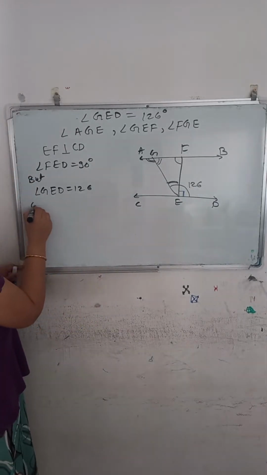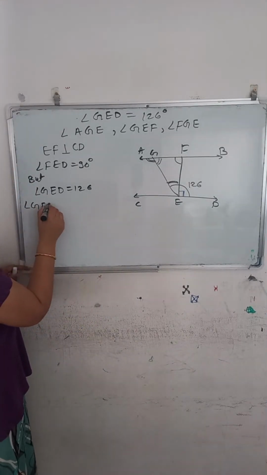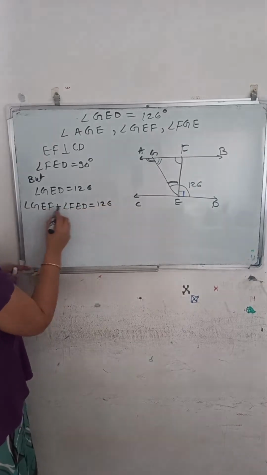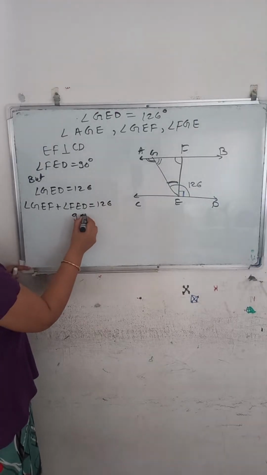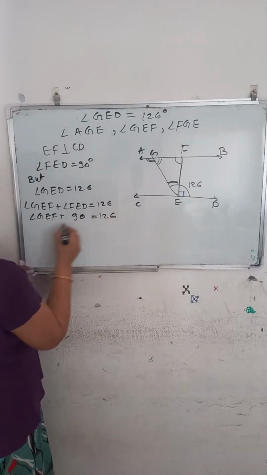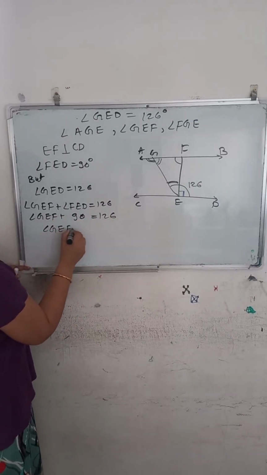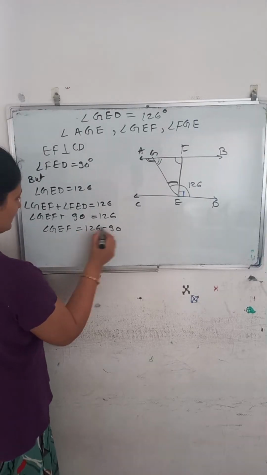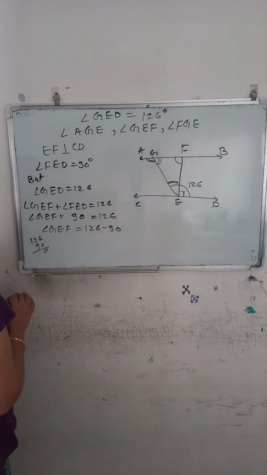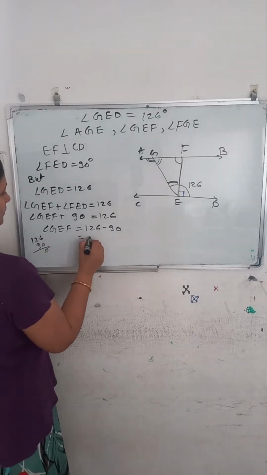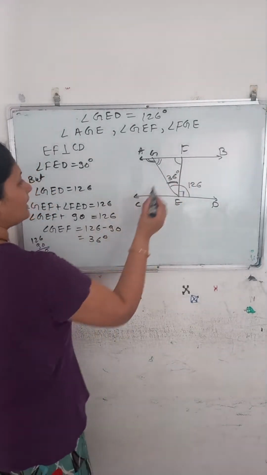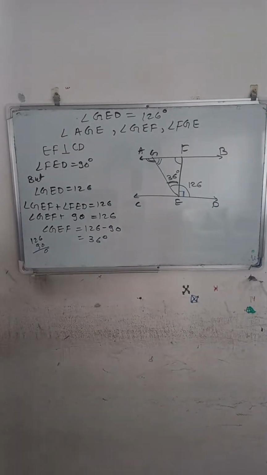So angle GEF plus angle FED is equal to 126. FED is 90 degrees, so angle GEF is equal to 126 minus 90, which is 36.